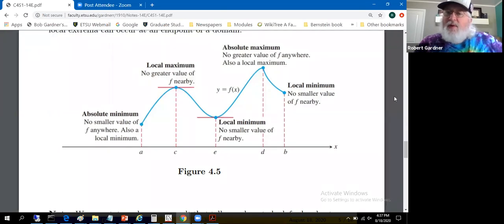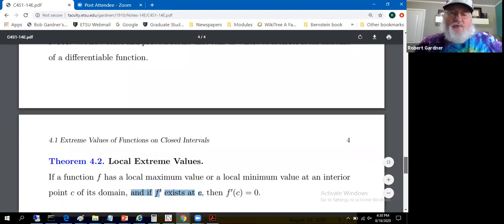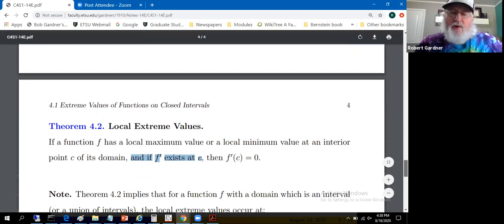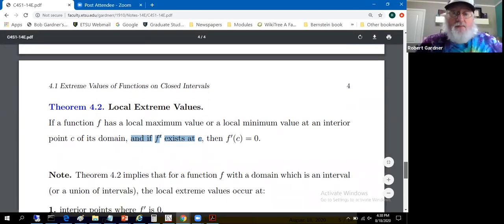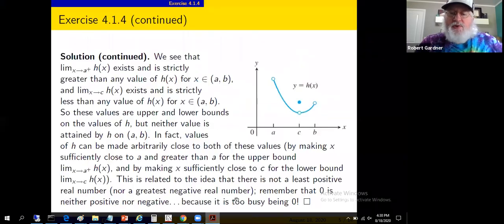The local extreme values result has hypotheses of differentiability. But it looks like some interesting stuff in connection with extrema can also occur where the derivative is undefined. More of that shortly. Let's go through a proof of this. It's not too bad.